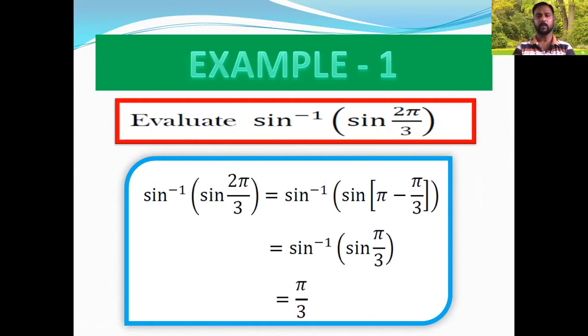Now again we have inverse trigonometry as the outer function: sin inverse sin pi by 3. Can you cancel sin inverse and sin? Go inspect the angle. The given angle is pi by 3, which is 60 degrees, very much inside the principal value branch, minus pi by 2 to plus pi by 2. Therefore, by the property, we cancel sin inverse and sin, resulting in the answer pi by 3. Therefore, the given question is solved to pi by 3.